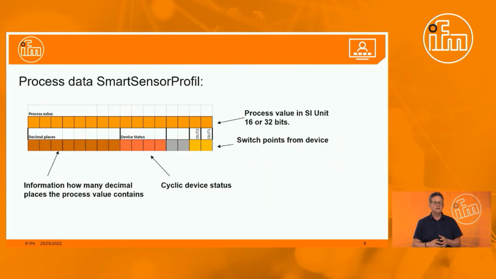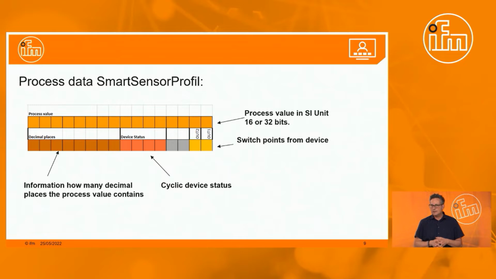And here, the IOLink community made an agreement with the smart sensor profile. In the headline, here is the real value. This value multiplied with 10 to the power of decimal places, but be careful, brings the value in the SI unit. And you also have device status and up to 4 switching points.